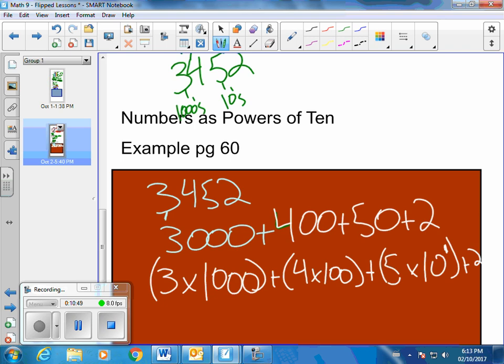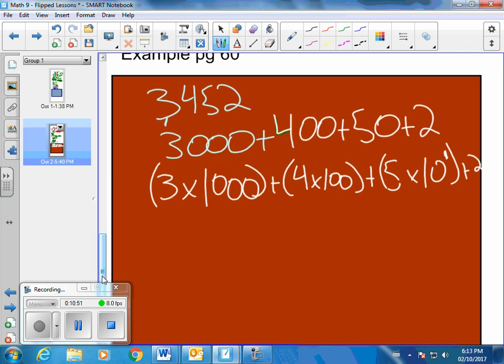And as we already learned before, we can rewrite all of these numbers. Sorry, 5 times 10. I might have given you a hint already over here. I can rewrite all of those numbers as our powers of 10.